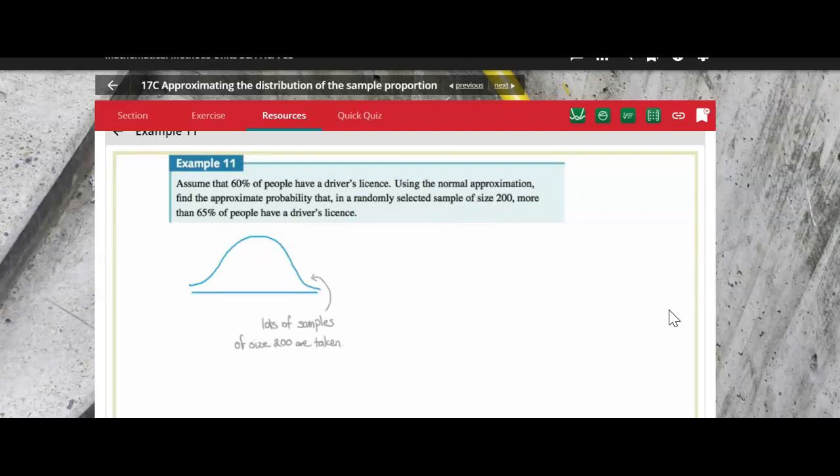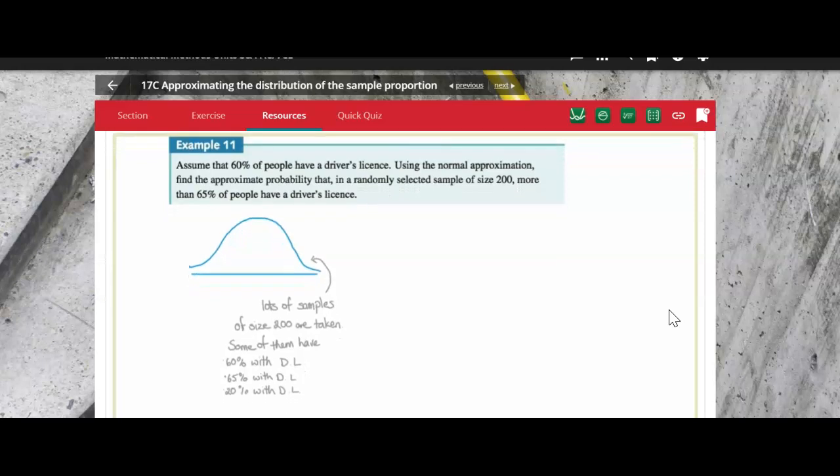If I draw our normal distribution, this diagram represents lots of different samples of size 200. The first 200 people we speak to might have 60% with a driver's license, the next 200 might have 65%, and the third group might have only 20%.